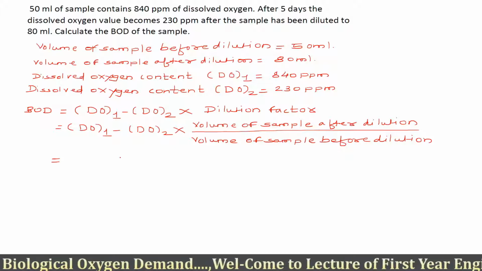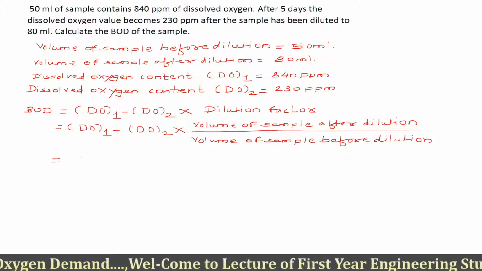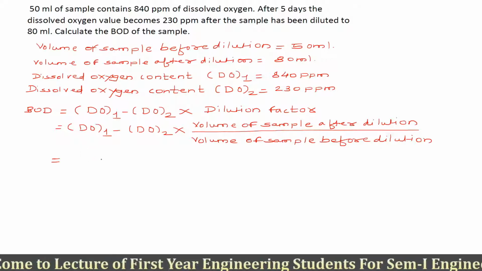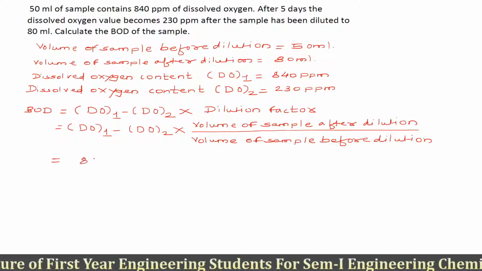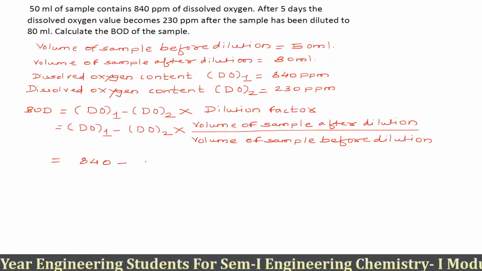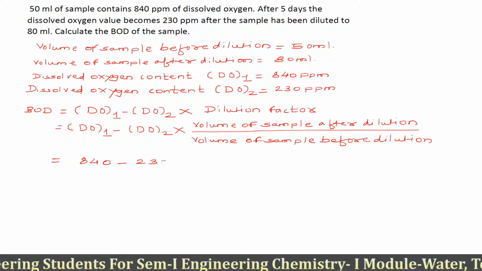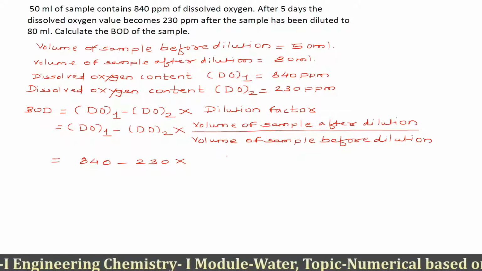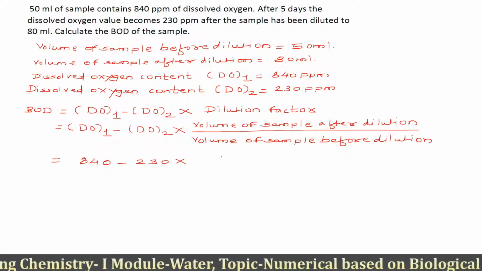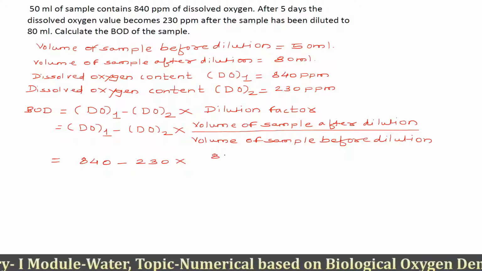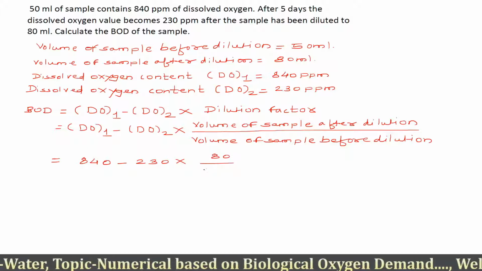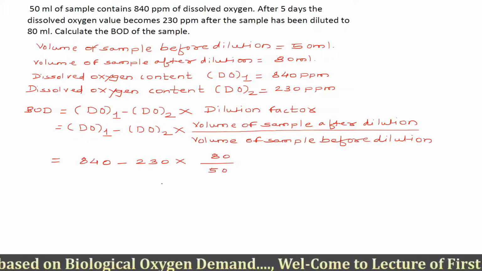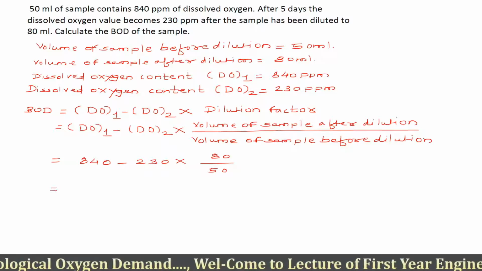Then put the values: DO1 is 840 parts per million minus DO2 230 parts per million, into volume of sample after dilution, 80, upon volume of sample before dilution, 50.